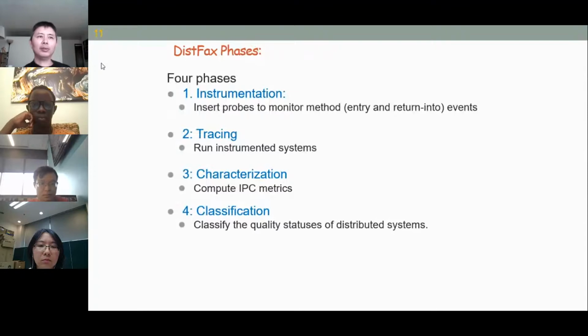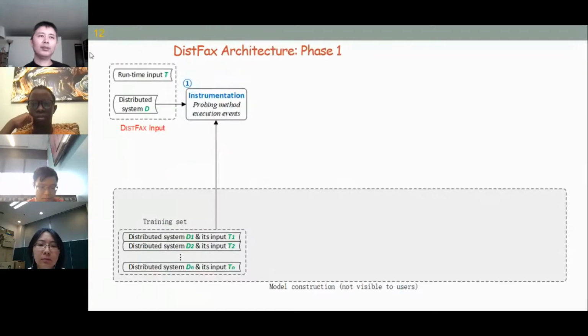With these 2 inputs, there are 4 phases: instrumentation, tracing, characterization, and classification. The first phase instruments the system with proper probes for monitoring method execution events.